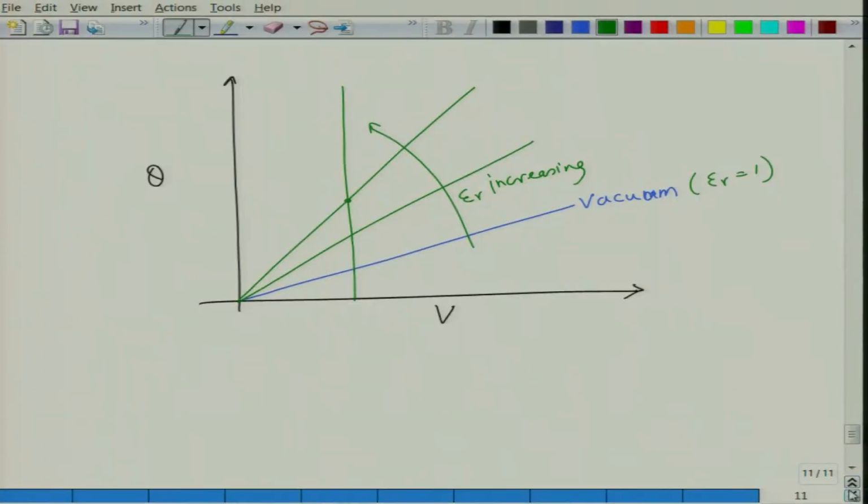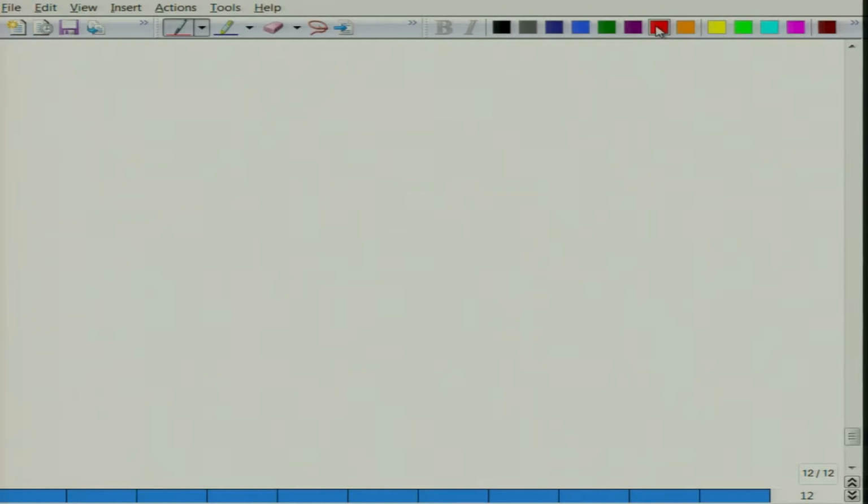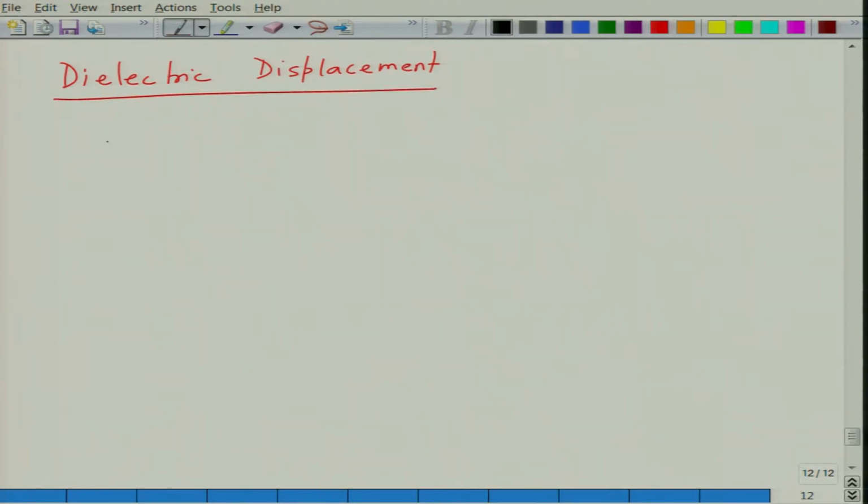Now we introduce some more things. We introduce the concept of what we call dielectric displacement. When you have a dielectric material, the presence of an electric field causes the bound charges in the material to slightly move away from each other, to slightly separate.